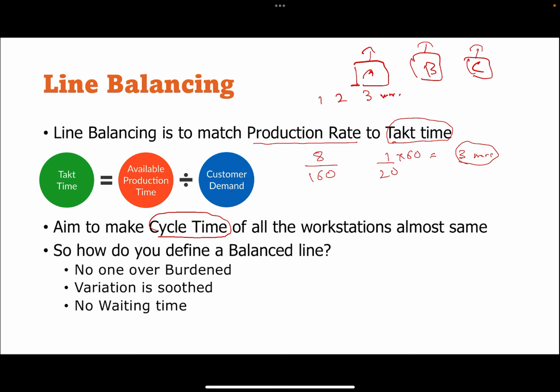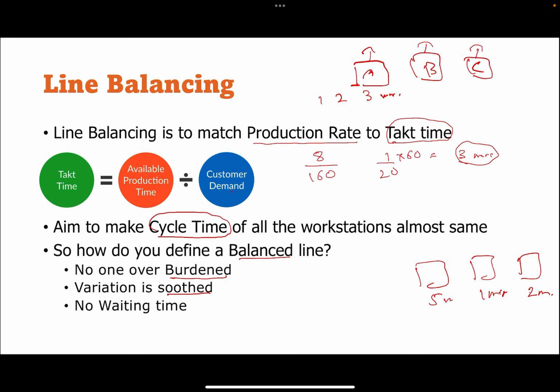A balanced line means no workstation is overburdened and variation is smoothed. If you have several workstations and one takes 5 minutes, another takes 1 minute, and another takes 2 minutes, you can find a lot of variation among the workstations. So you can prevent this.